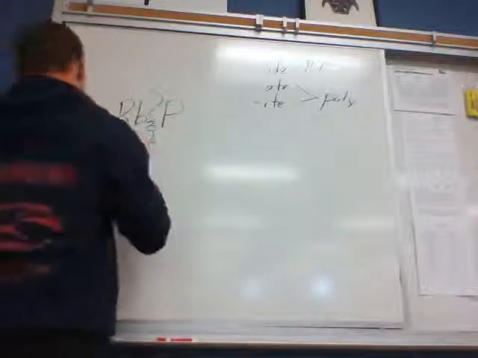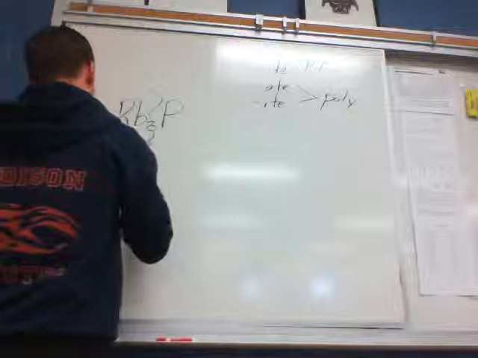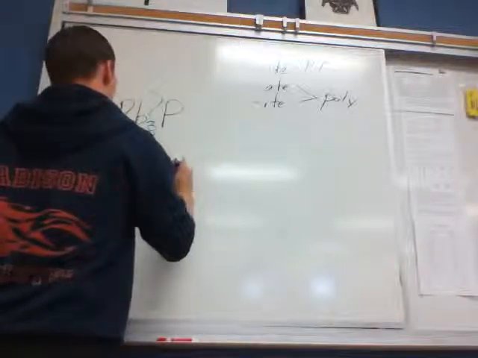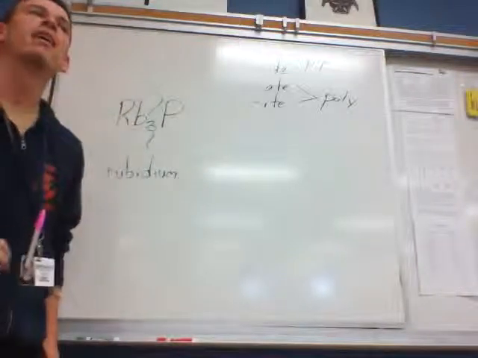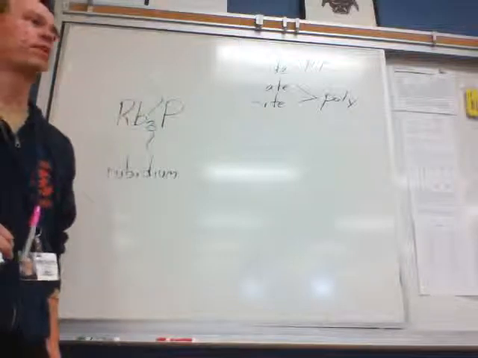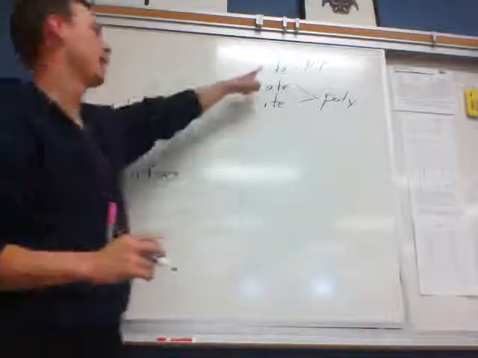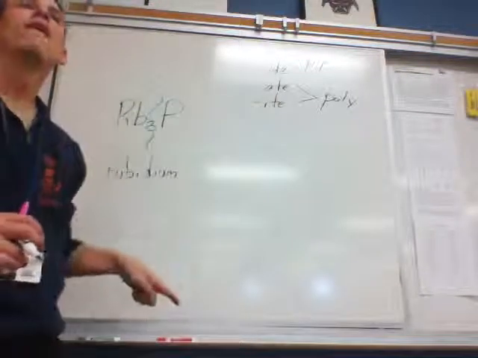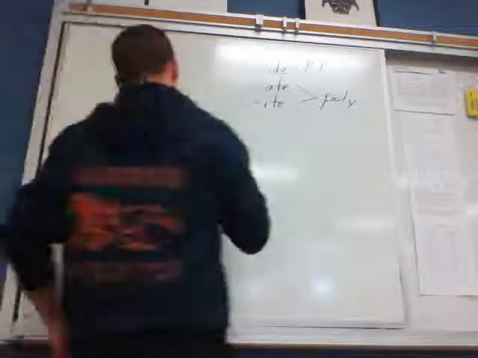How do you say the Rb? Rubidium. How do you say the P? Don't call it phosphorus, that's no good. It can't end in OS. Phosphide.